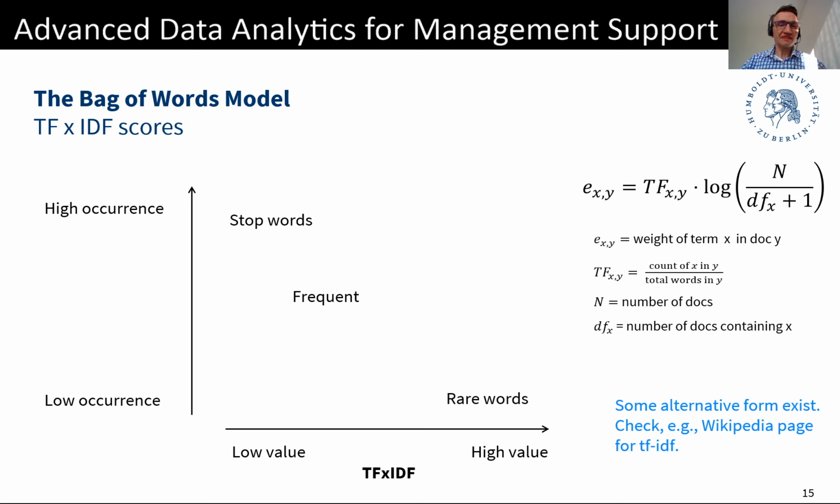Many, many thousands. If you think about reviews or if you have a corpus of tweets, n is typically a very large number. And then the denominator here is the number of documents in which a specific word X actually was used at least once. That can be a much smaller number, especially for words that are rare. And the log transformation is to normalize these scores a little bit.